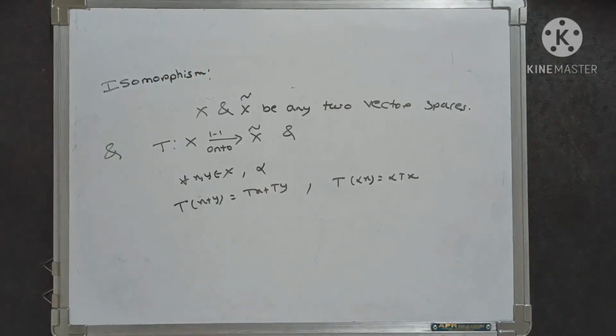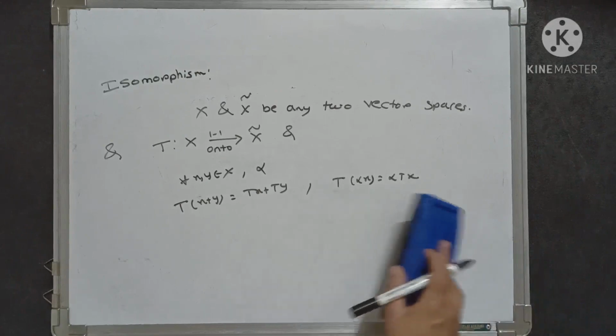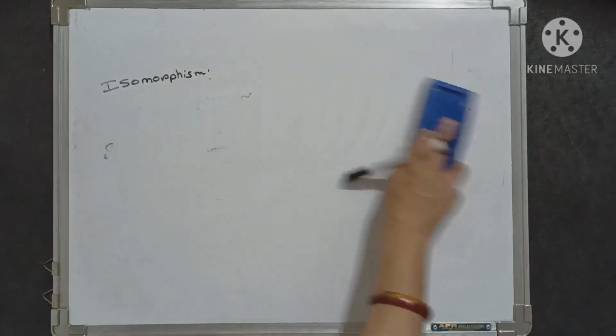That means T is one-to-one and preserves the structure, that is, it is a linear operator, and therefore T is also called a linear operator. Here we say that X tilde is isomorphic with capital X, and they are called isomorphic vector spaces. Now we have defined the isomorphism between two vector spaces.